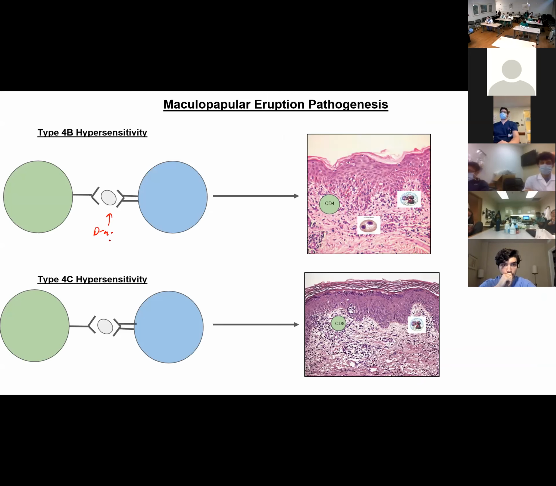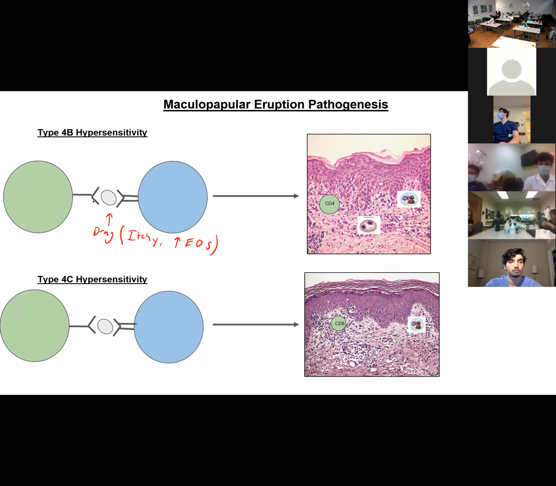Usually drug reactions are more in this category, which is why drug-induced maculopapular rashes are more itchy, and they usually have elevated EOs. Those can be really good clues that when you see a maculopapular rash, it's more likely to be drug-induced versus viral-induced: the presence of a little bit of eosinophilia and really pruritic skin.